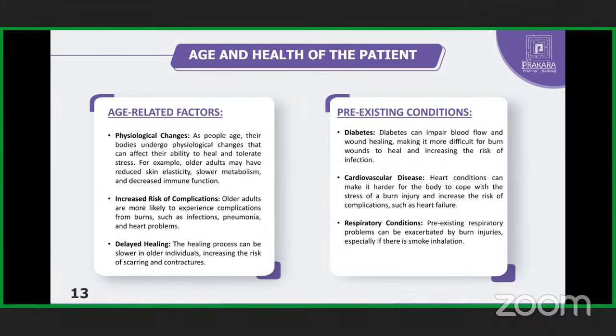For example, older adults may have reduced skin elasticity, slower metabolism, and decreased immune function. As I've said, there is an increased risk of complications such as infection, pneumonia, and heart problems. Delayed healing, yes, old age will have delayed healing. Pre-existing conditions will again hamper the wound healing process: diabetes, cardiovascular disease, respiratory conditions. These all play their role in wound healing of the burns patient.